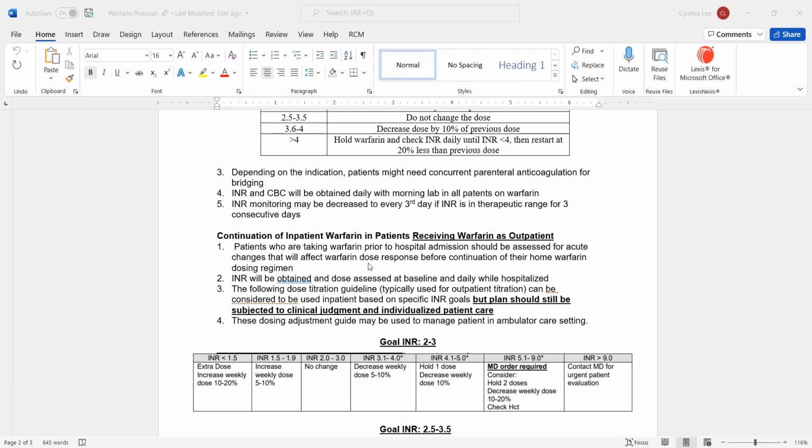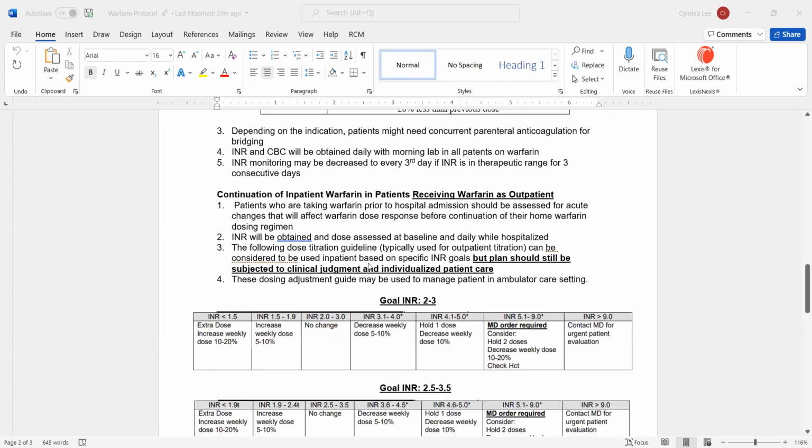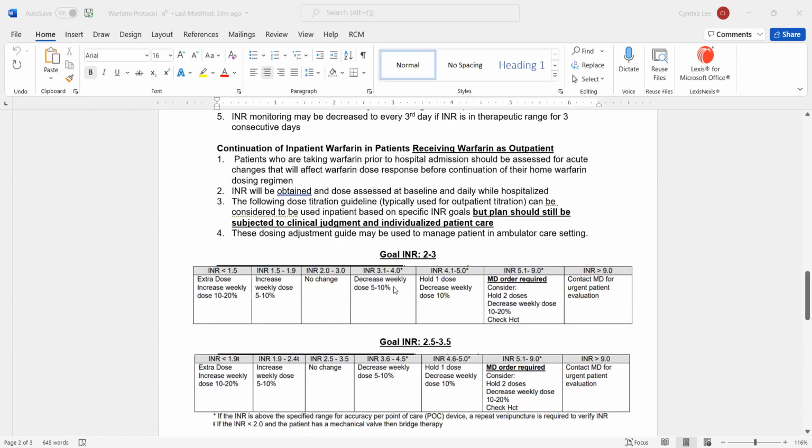What do you do? A lot of times, if they're at goal, depending on what their goals are, 2 to 3 or 2.5 to 3.5, then definitely you can keep continuing the dose that they are getting at home, right? And you have to get a little bit of history from the patients too, to make sure you are really getting the right history and overview of how the patient is taking it at home.